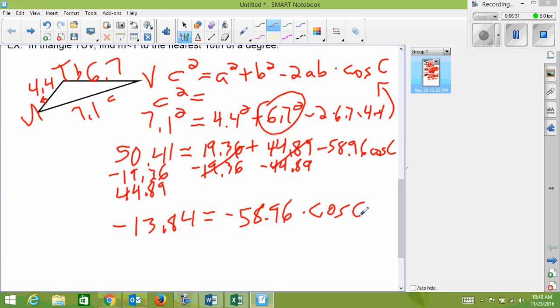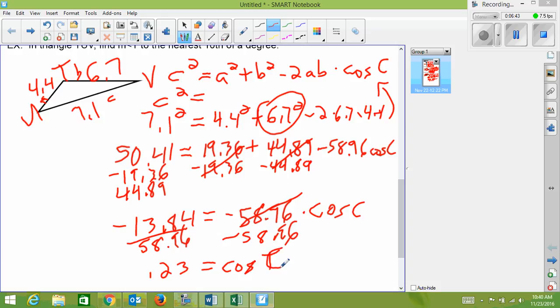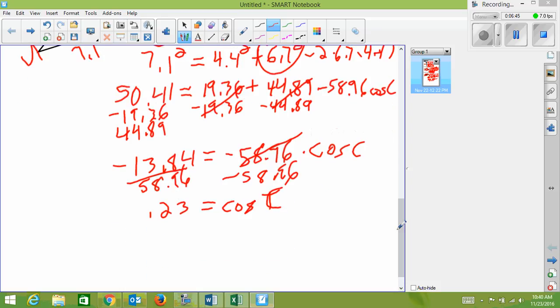And when I divide by 58.96, I end up with 0.23 equals cosine t, or c in this case. And to be able to solve that, I have to go cosine inverse of 0.23. And then when I plug that into my calculator, it will come up with an answer of 76.4 degrees.